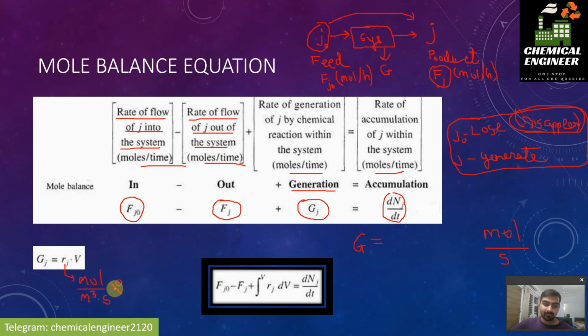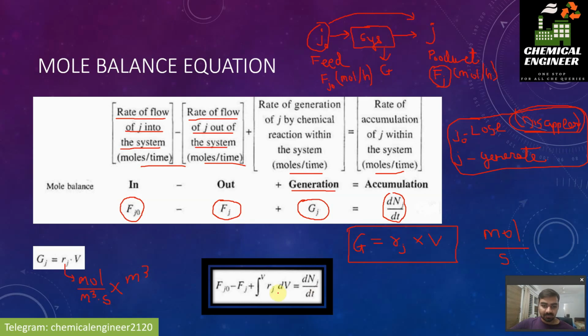So we will multiply it by meter cube so that we get mole per second as our unit. So we are writing this generation term as R of J multiplied by volume. Is it clear? We are writing the generation term as rate of reaction multiplied by volume.